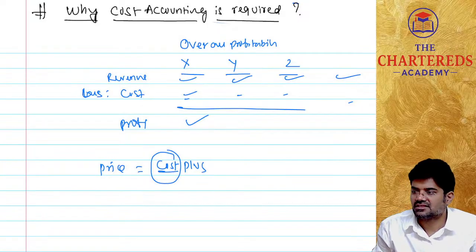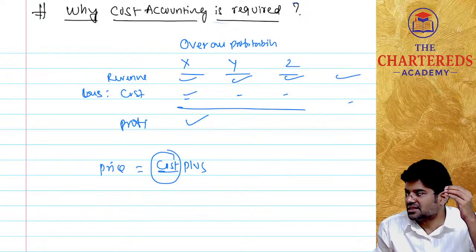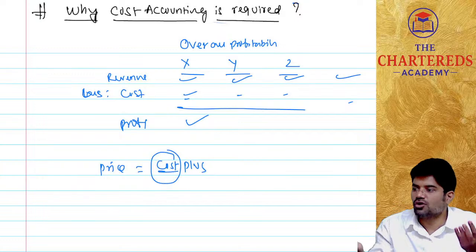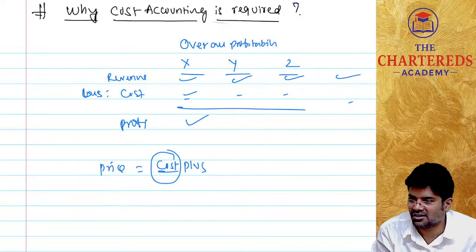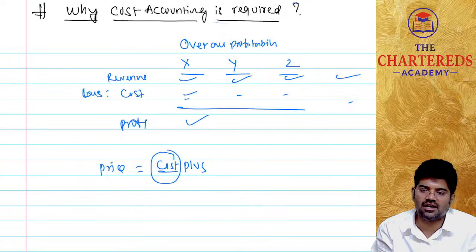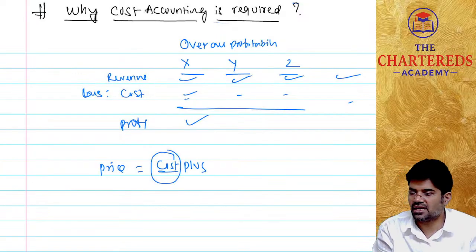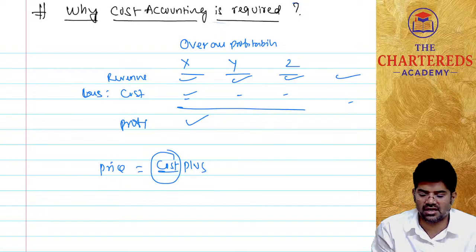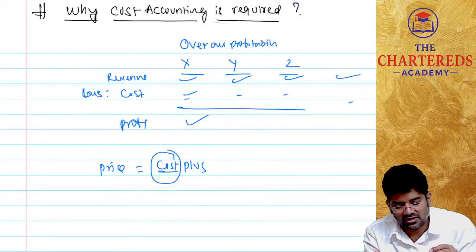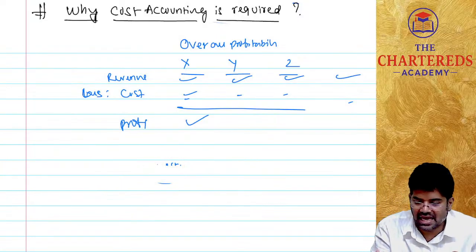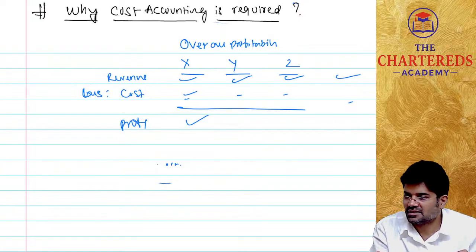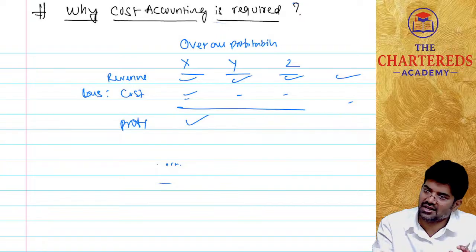If you want to know whether that is a correct cost or not, first of all, you should know the process of calculating cost. That is where they felt that there should be a separate field. Understood? This is just the little history, whatever I gave. So, do you think a separate branch is required for calculating cost? Or is financial accounting sufficient?